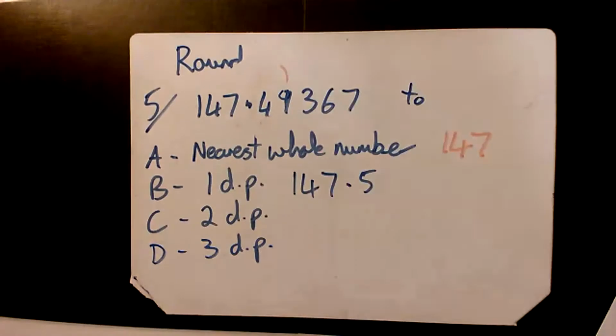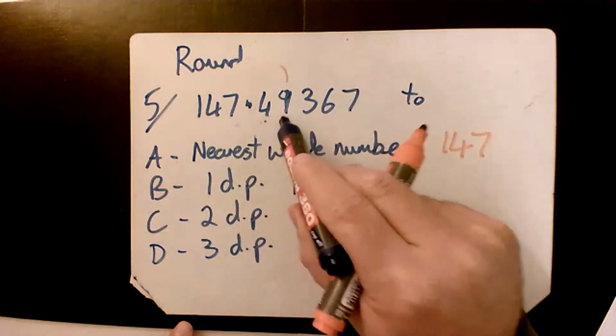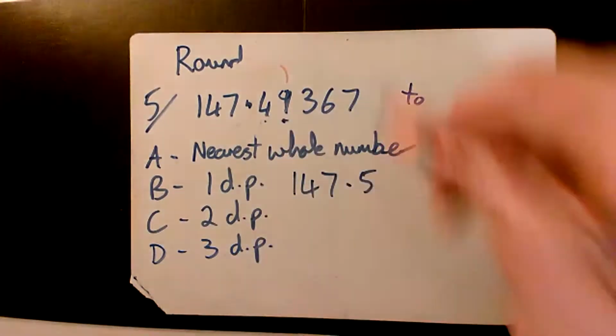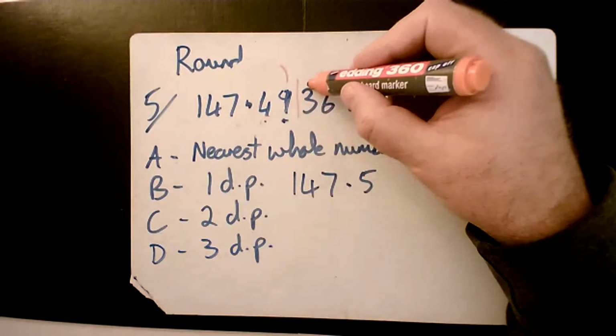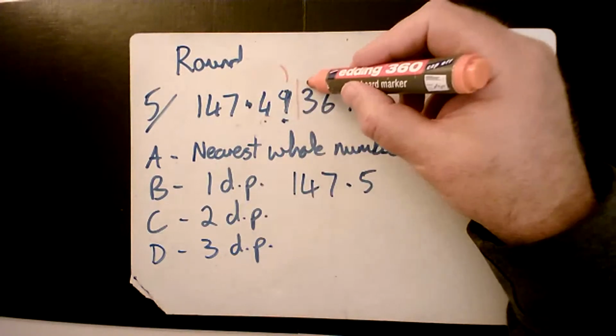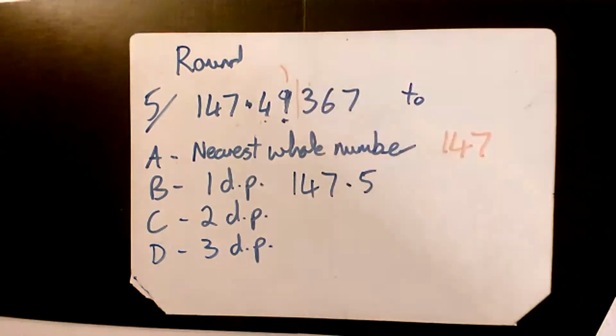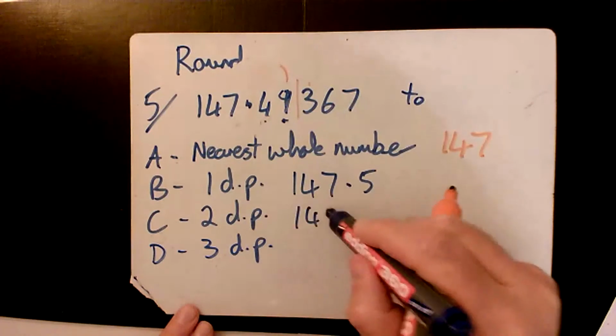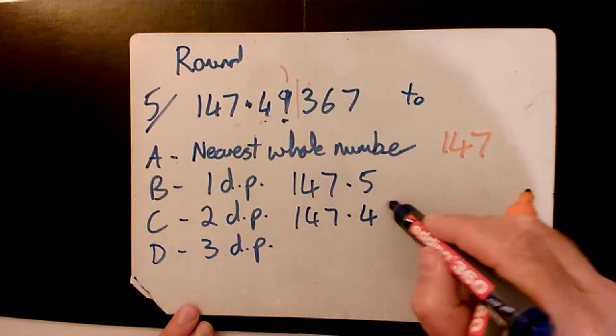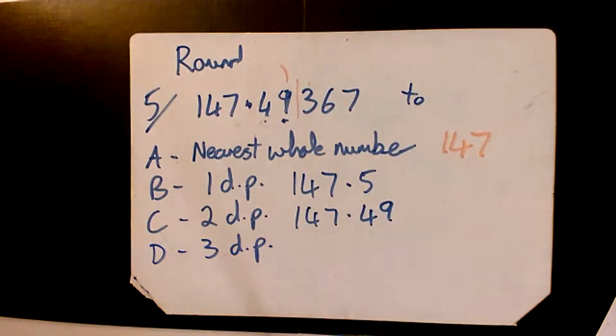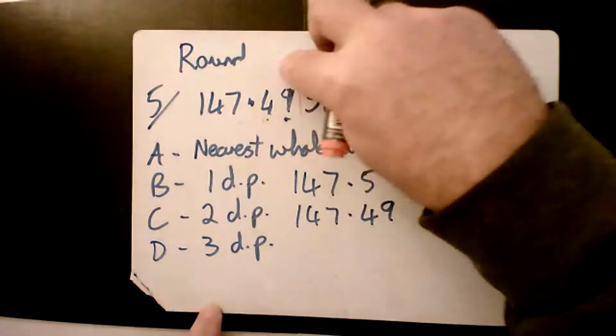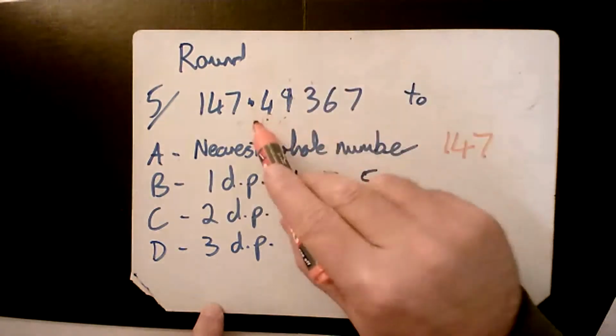Right, so to 2 decimal places, count 1, 2 numbers after the decimal point, and then do my line. Does that 3 affect it? Well, no, it's 4 or below, so these are going to stay the same. So 147.49.